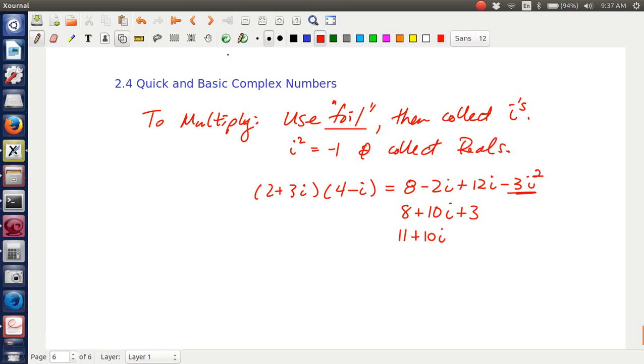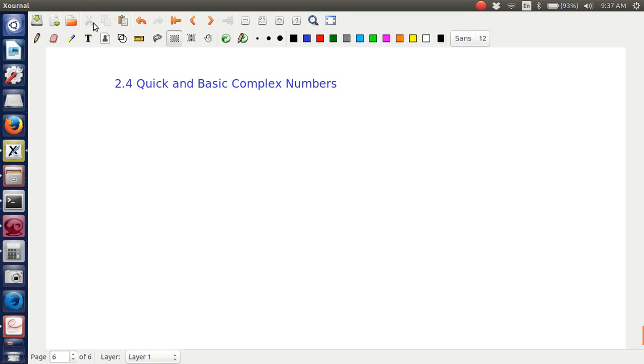Okay. What if I want to do division? Dividing is just as easy, but you've got to keep your wits about you, and you've got to learn a small definition, which I just told you, but I'll tell you formally.